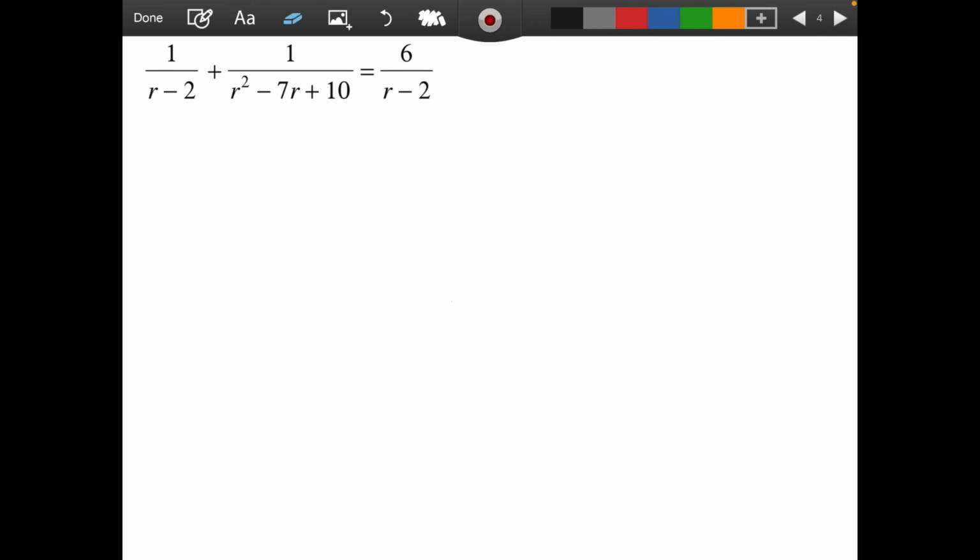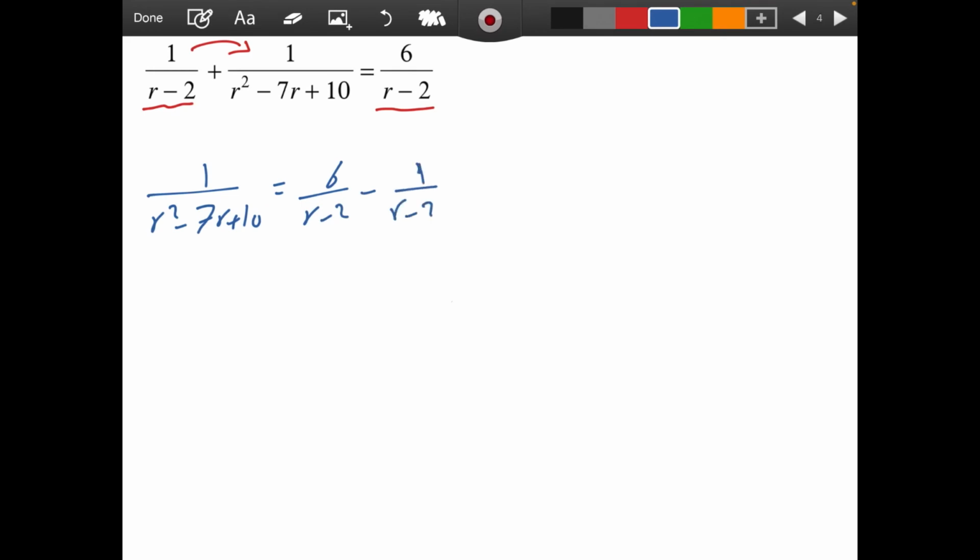For the last question, I see we have two denominators the same, so better to collect them. So I'm going to move this to the other side. Then to the left we have r squared minus 7r plus 10 is equal to 6 divided by r minus 2 minus 1 divided by r minus 2.